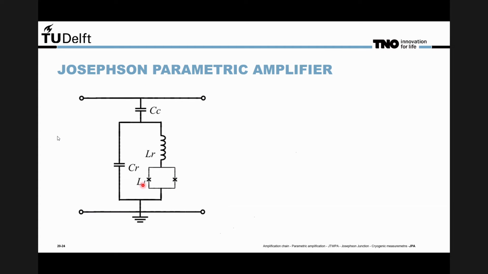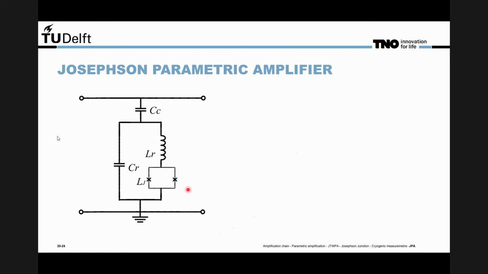However, there is a SQUID added here, which introduces the nonlinearity needed for parametric amplification. The SQUID stands for superconducting quantum interference device, and it consists of a superconducting loop with two Josephson junctions coupled to it, which are indicated with the X here.